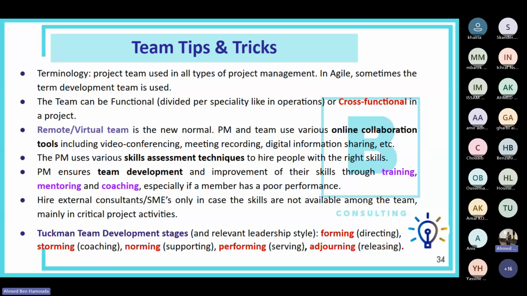A lot of times in the exam you will have questions about a team composed of on-site people and remote people. So you will always need to find a solution for how to deal with these situations, because in real life we always have such scenarios in our projects. And remember, the PMP exam is always based on real life scenarios.